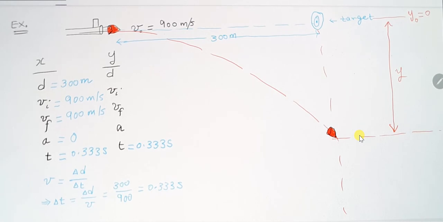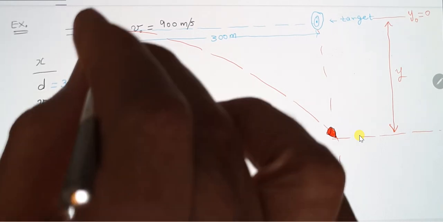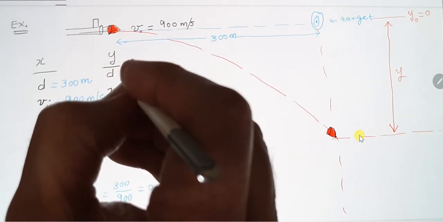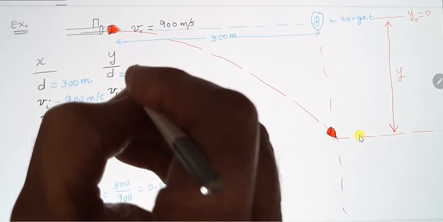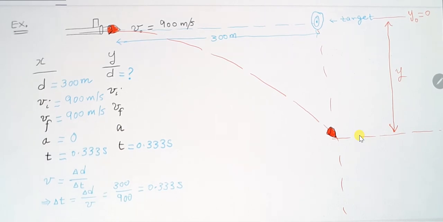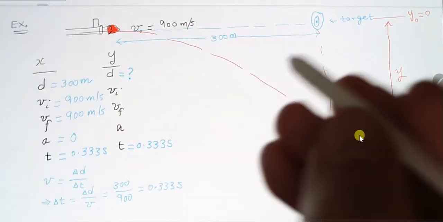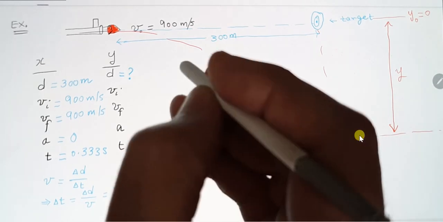Okay. Let's see the other thing. So let's try to find D in the y-axis. Well, it's a free fall.